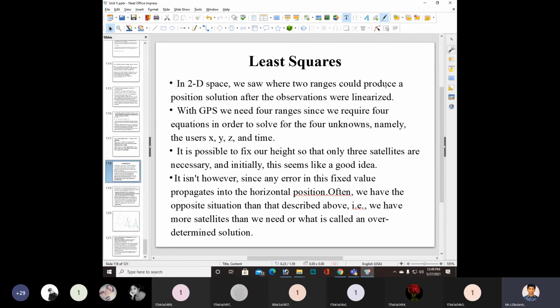It is not, however, since any error in this fixed value propagates into the horizontal position.